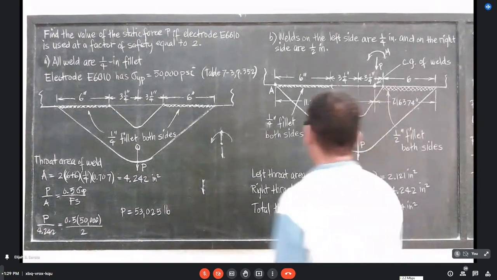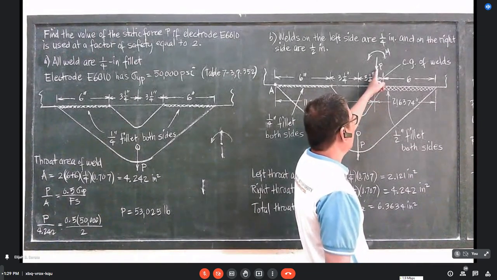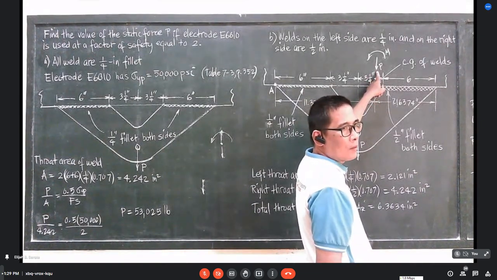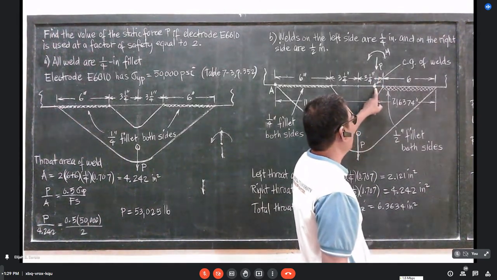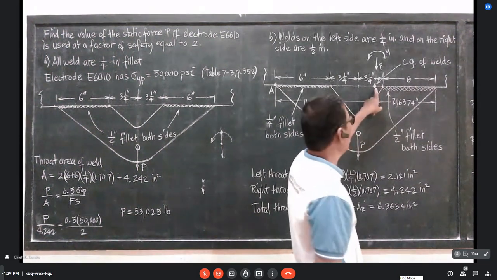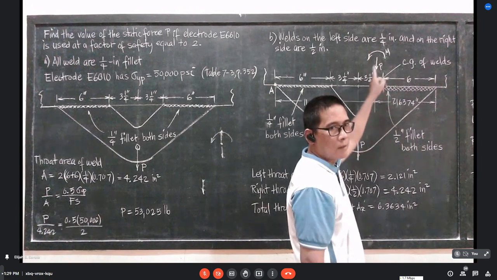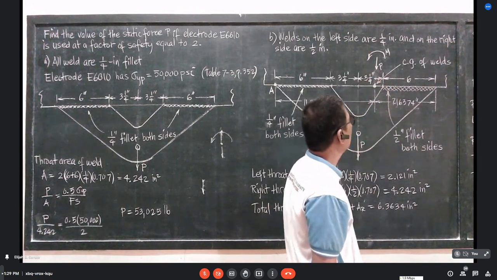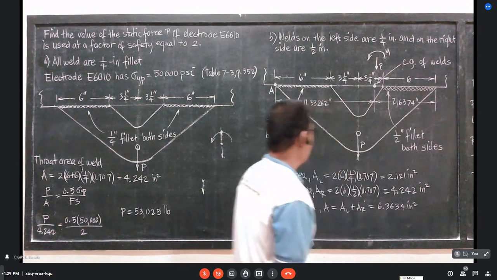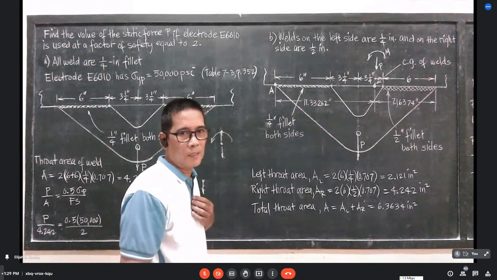Okay, so let's proceed. So now we have a direct shearing stress acting on the center of gravity and a twisting shear stress M. But before we do that, we need to find the center of gravity.